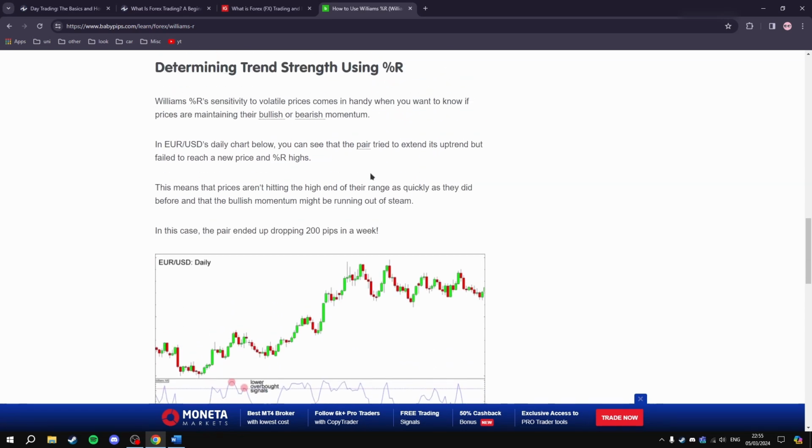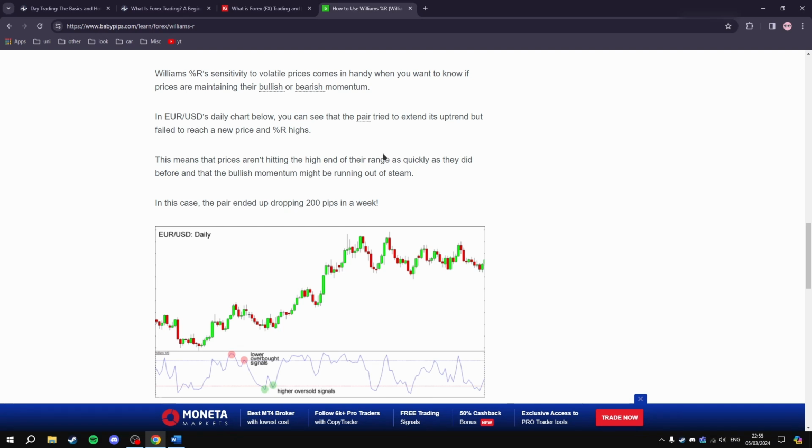Wait a second. You can see that the pair tried to extend its uptrend, but failed to reach a new price and percentage R highs.